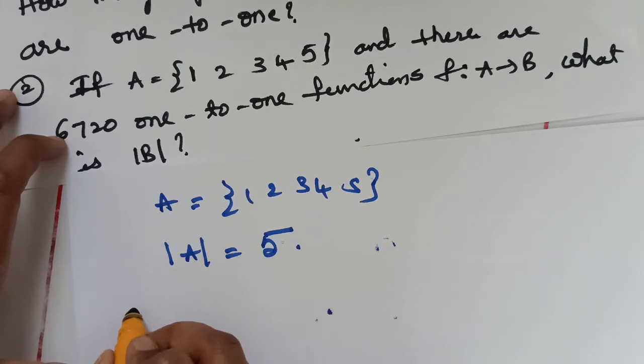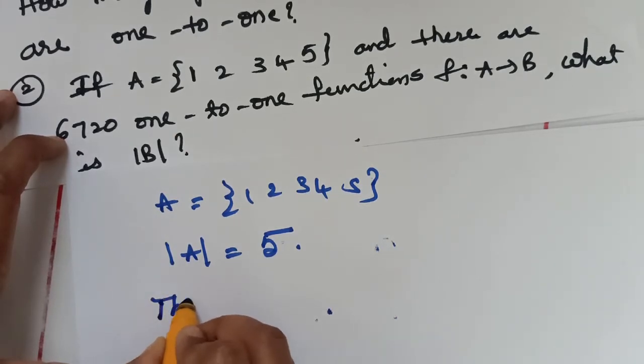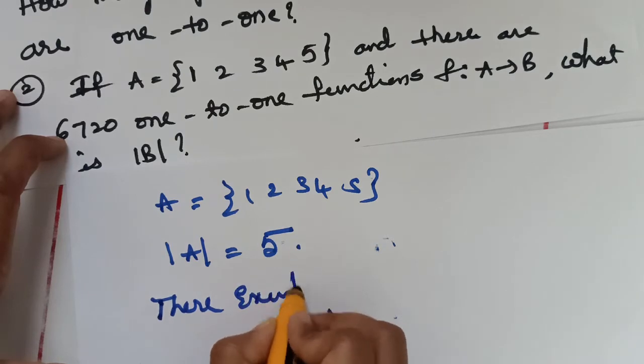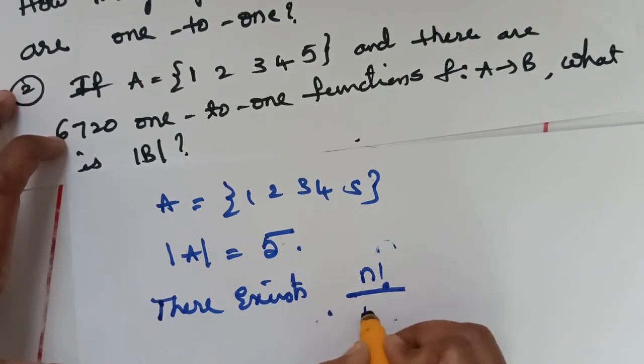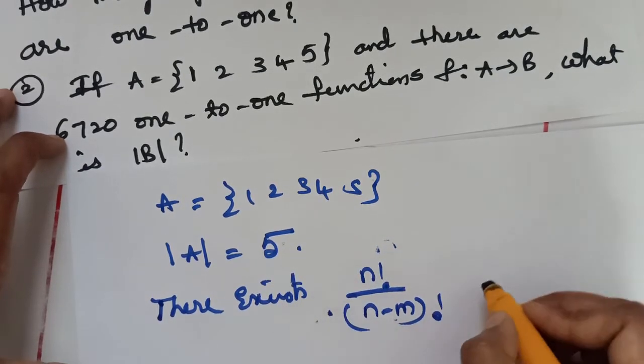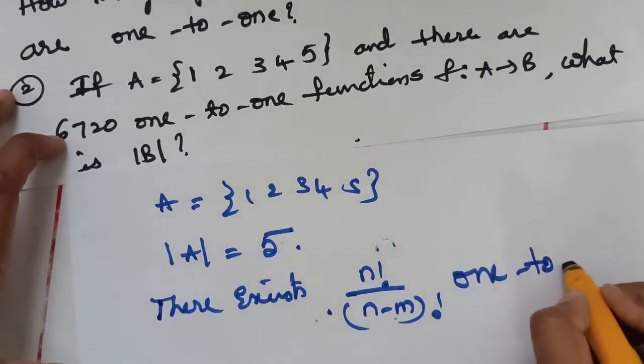So the formula: from A to B there exist n factorial by (n minus m) factorial one-to-one functions.